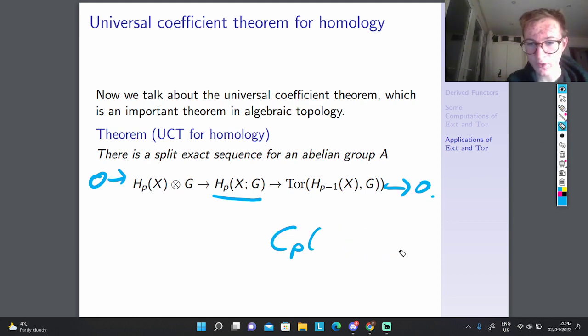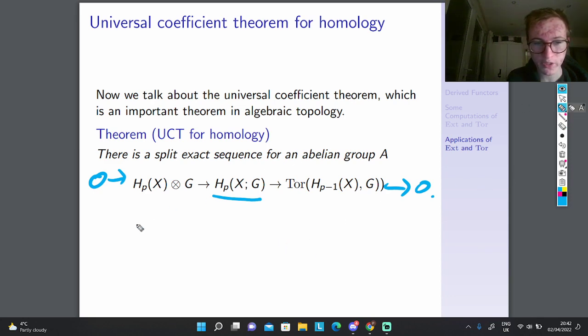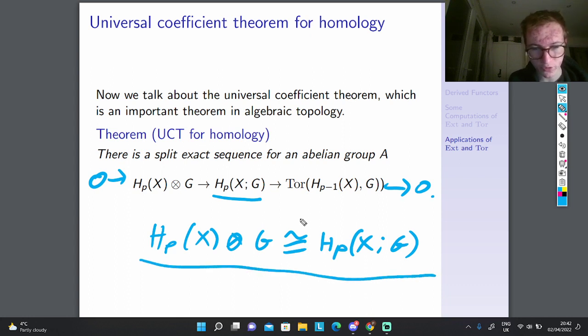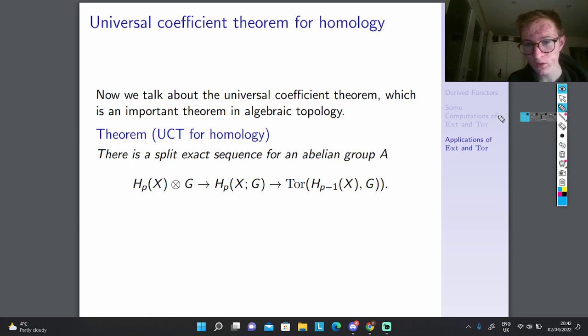Now, the universal coefficient theorem is basically measuring to what extent this statement fails. Like this. Because this is not true. This is not true. But by how much? Well, Tor to the rescue, basically.